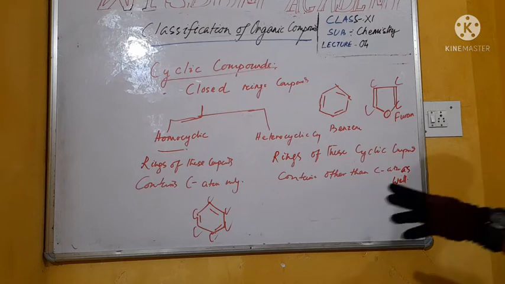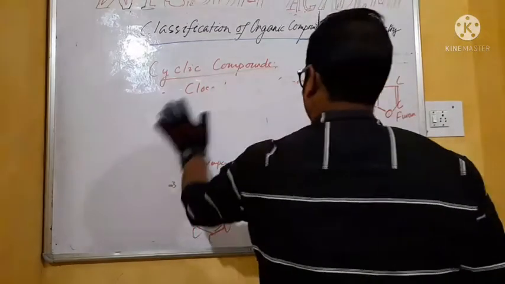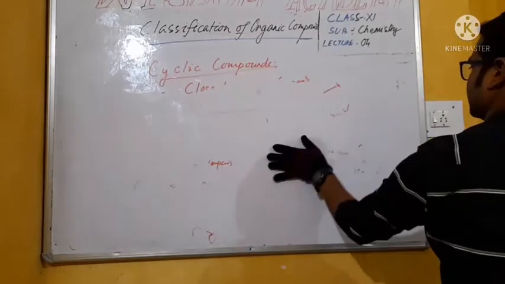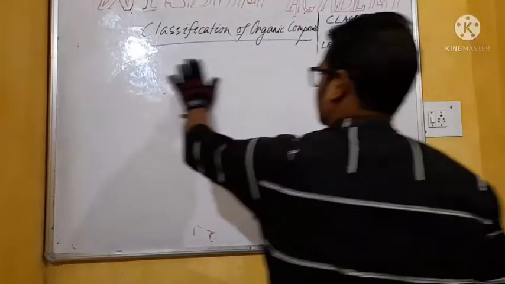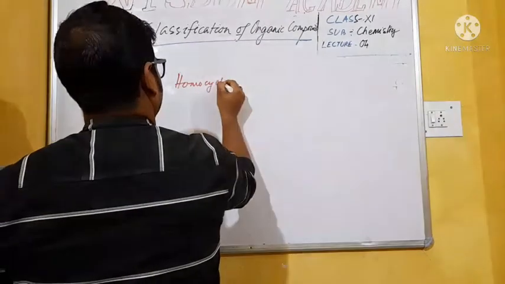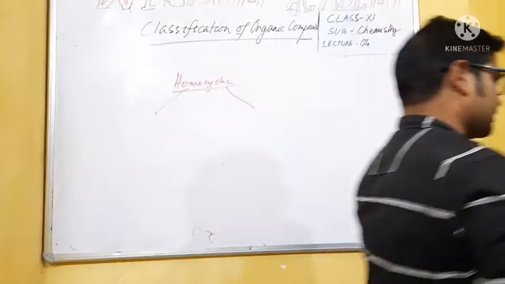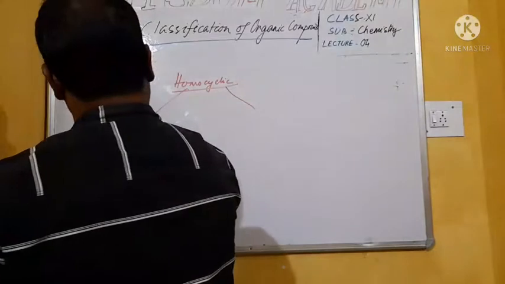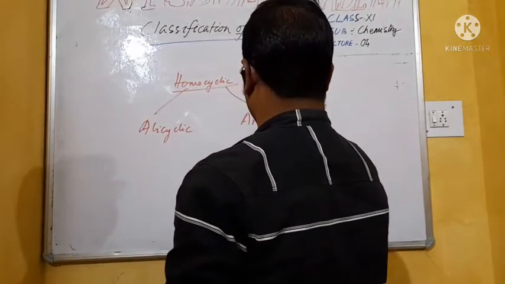Homocyclic is classified again into two types. What are they? Alicyclic and aromatics.